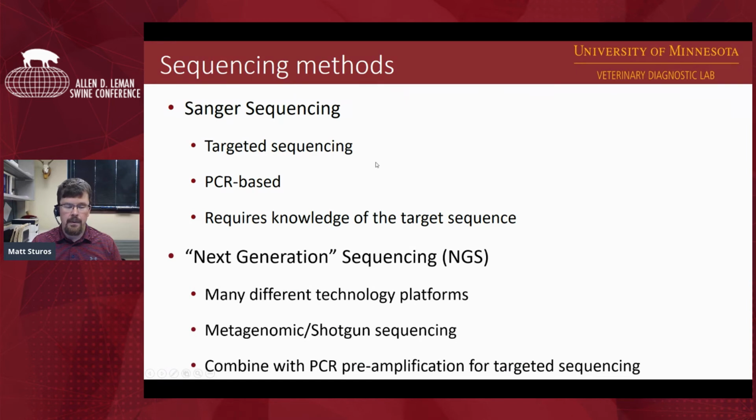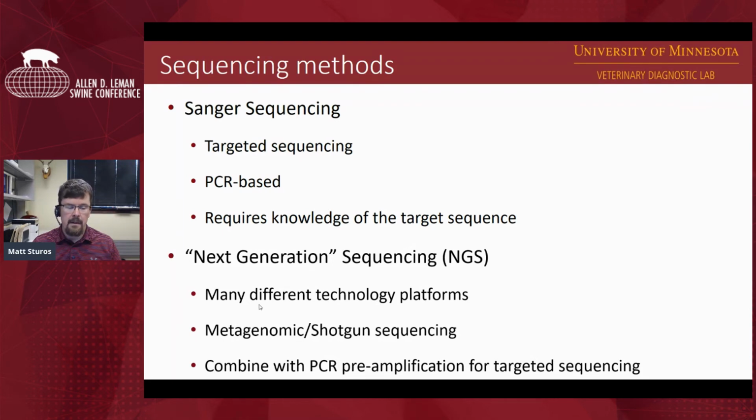The other part, which Sunil touched on, was next generation sequencing. NGS is a catch-all term. There are many different technology platforms that are used for next generation sequencing. Typically it's the next generation after Sanger, and it means that it's using a shotgun or a metagenomic type approach.